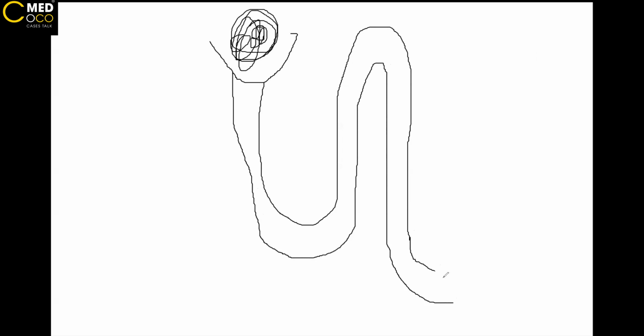Usually it ends right here, but I just like to draw a little bit more. Anyway, I can change color on these things. So, what is this part?